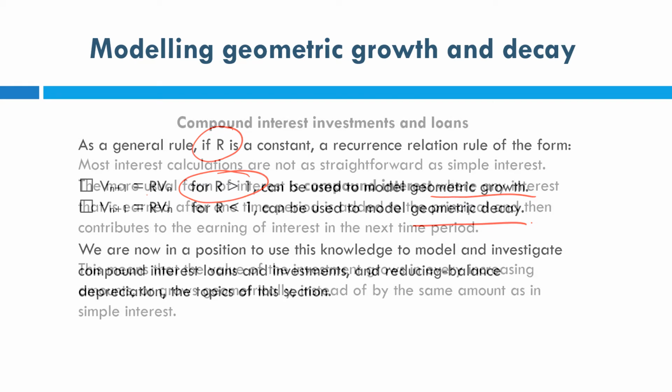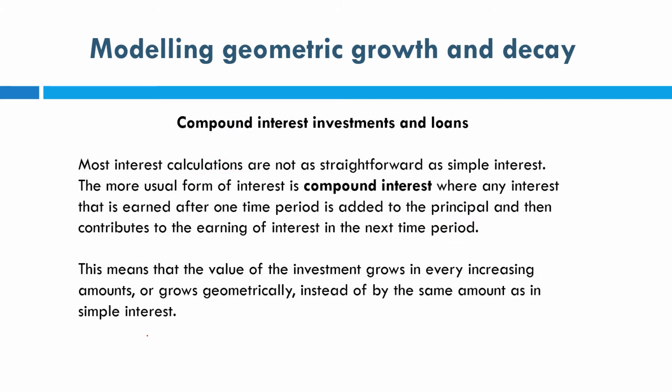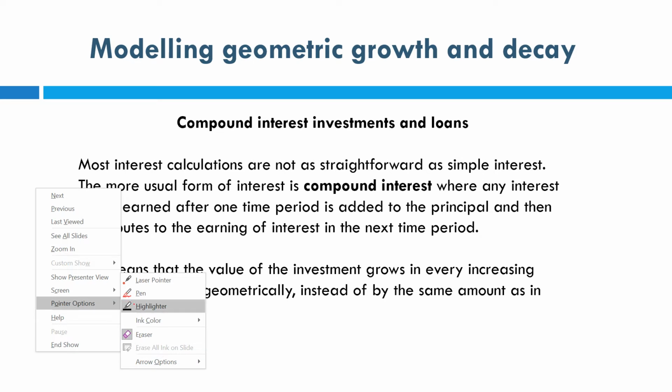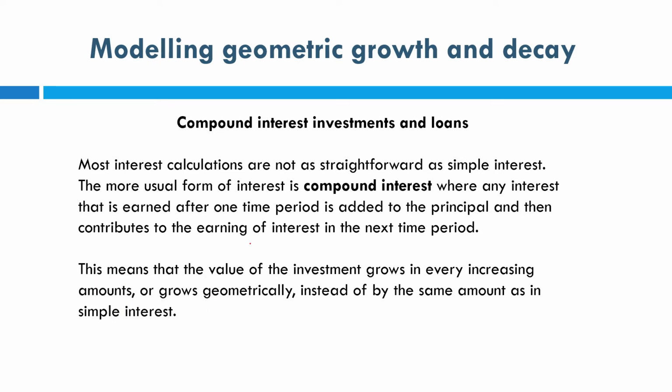Compound interest, investment, and loans. So most of our interest calculations are not as simple interest. We more frequently use compound interest, where interest is earned depending on how long it is in an account, for example.